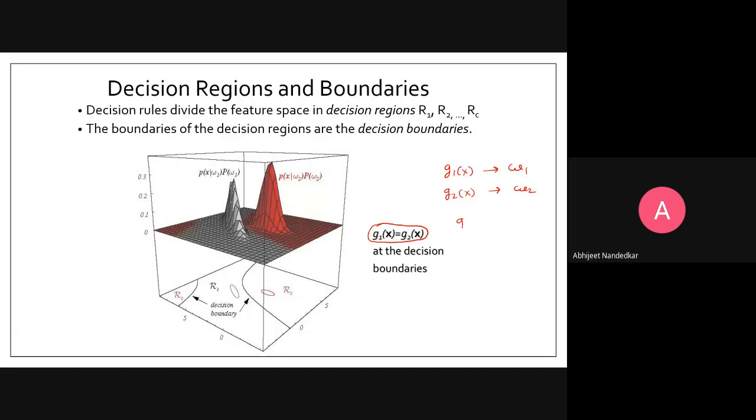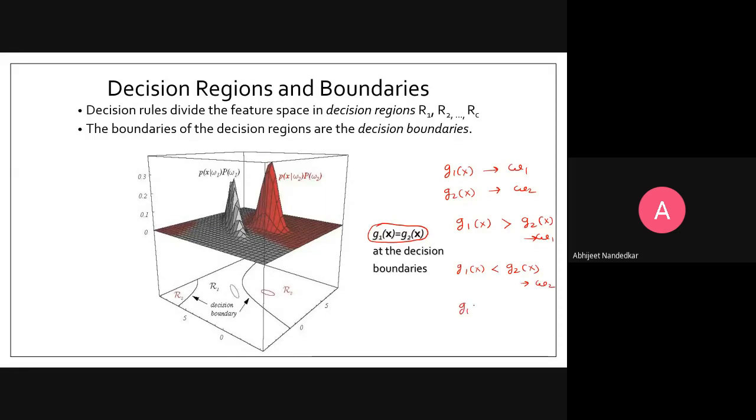Whenever g1x is greater than g2x, what is our decision? Our decision is in favor of omega 1. Whenever g1x is less than g2x, our decision is omega 2.